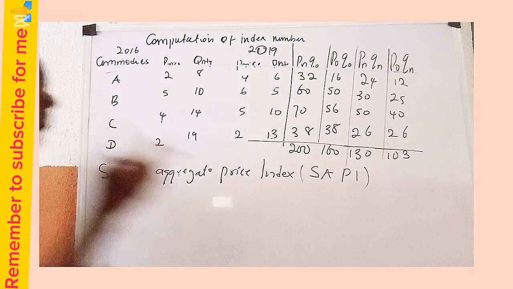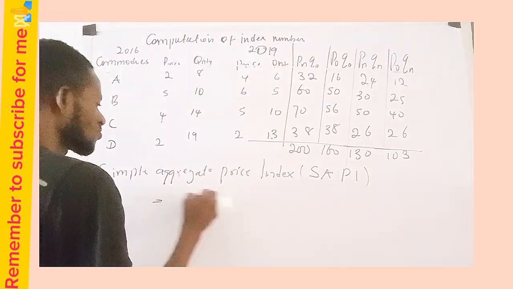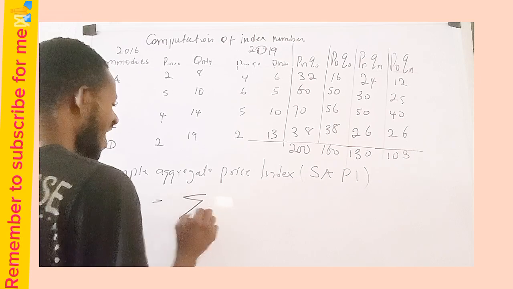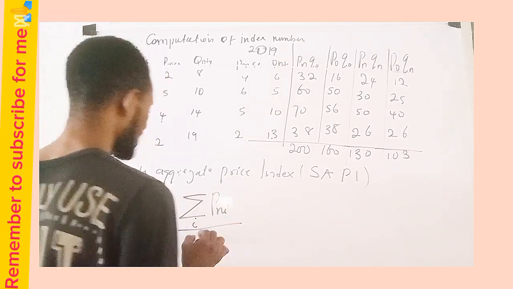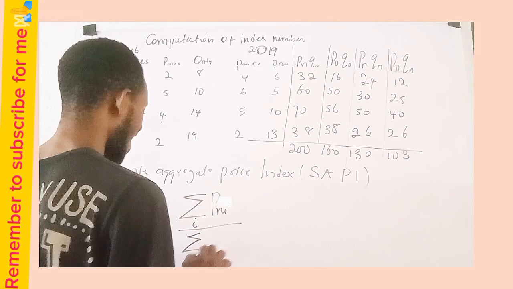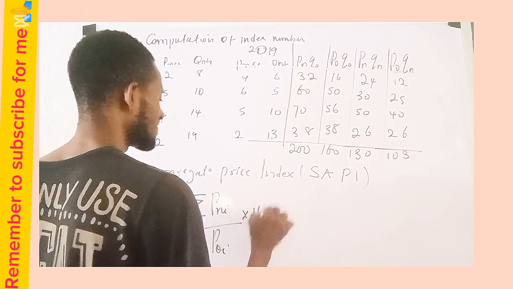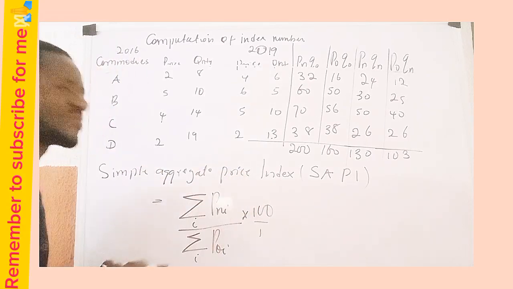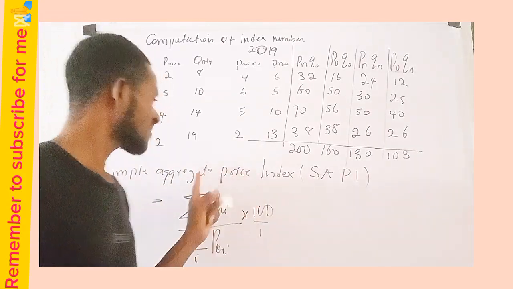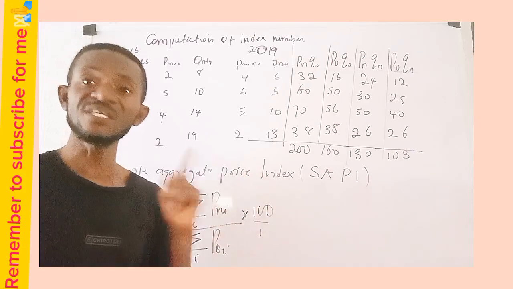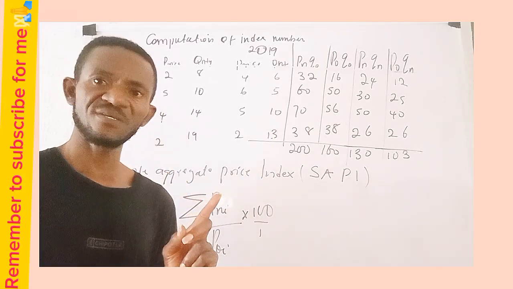So when someone wants to find this, the formula is given as the sum over i of P_ni, all over the sum over i of P_0i, multiplied by 100 over 1. Do you remember from our previous class that this simple aggregate price index is an unweighted price index? It doesn't have any weight.